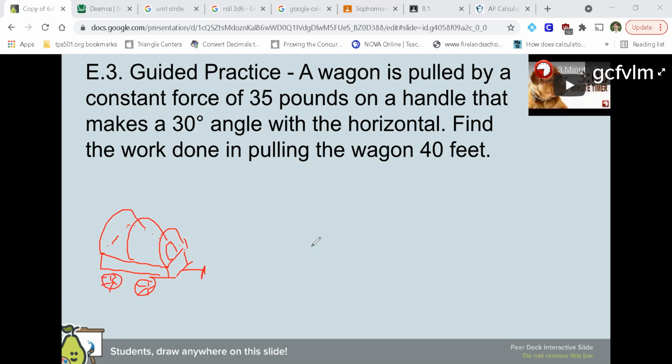It's pulled by a handle that's making a 30-degree angle with the horizontal with a force of 35 pounds for a total distance of 40 feet.